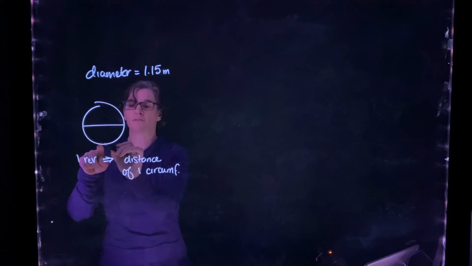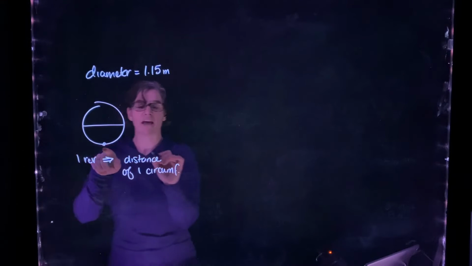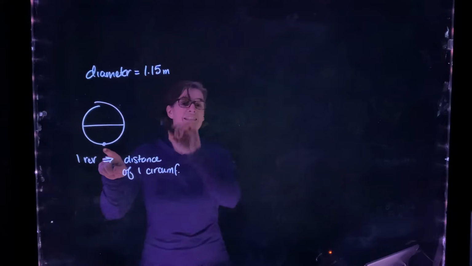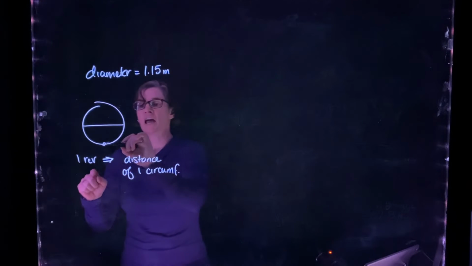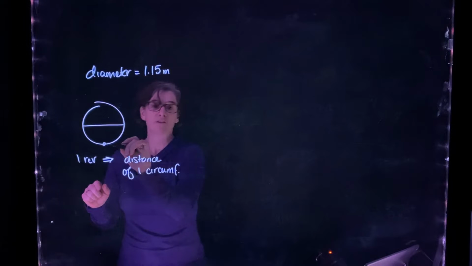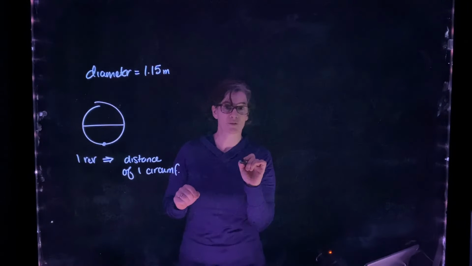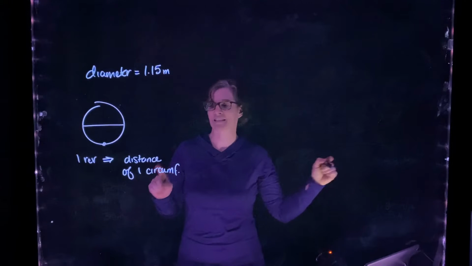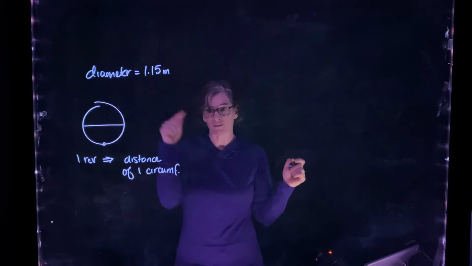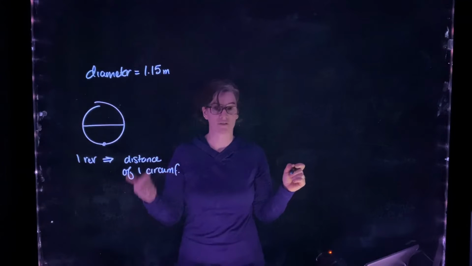You can imagine if we start at that location and we roll through a single revolution, the wheel has traveled around its circumference in linear distance. And so we know that one revolution is the distance of one circumference.